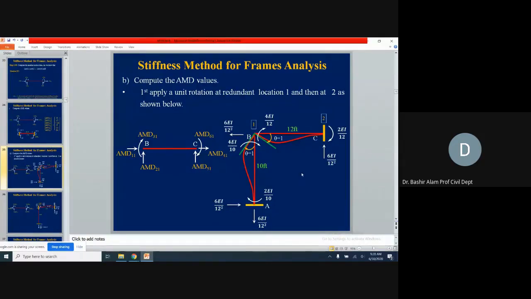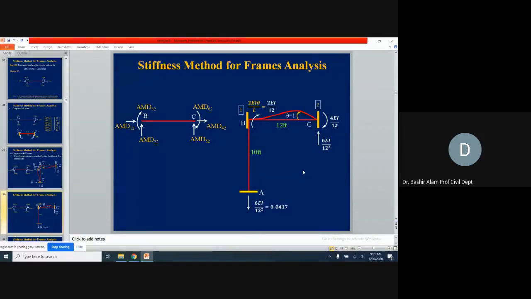And again, remember, it is the same sketch which we used for the generation of the first column of the stiffness matrix. Next, the second column of the AMD. Again, you look at the numbers, and from here we are going to take our AMD12, 22, 32, and so on.